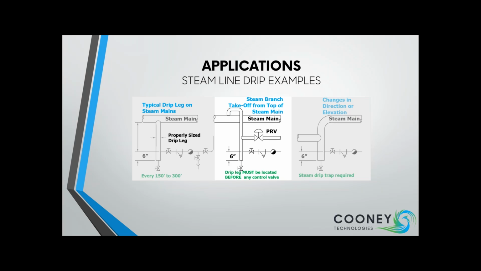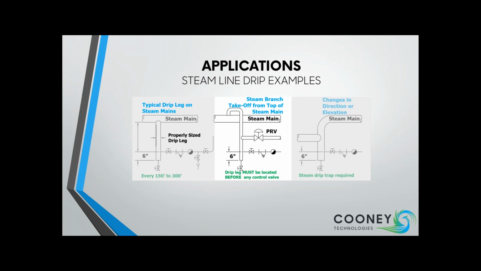This will not allow condensate to build up against a closed control valve, because if that control valve opens with a leg of hot condensate behind it, there will be one big water hammer, and that could do a lot of expensive and dangerous damage to downstream steam systems.